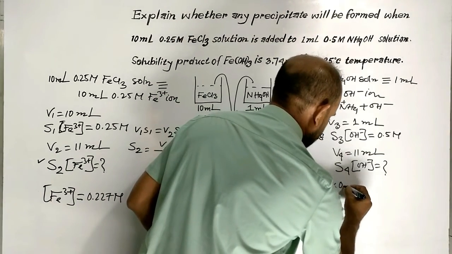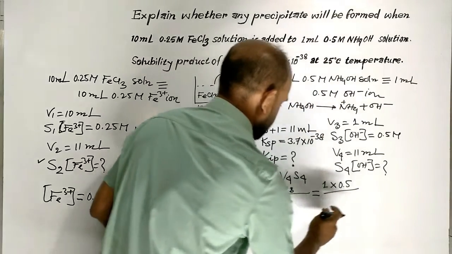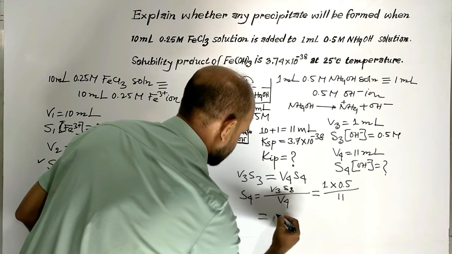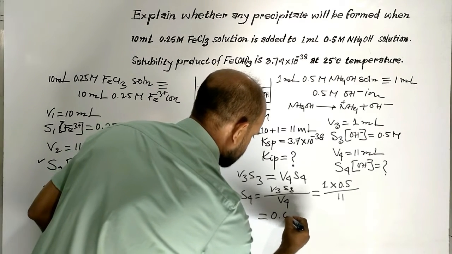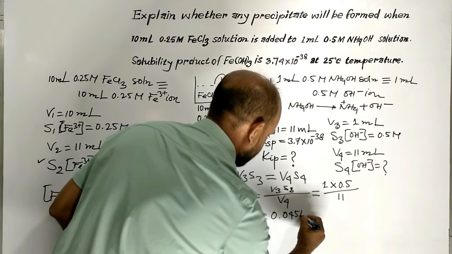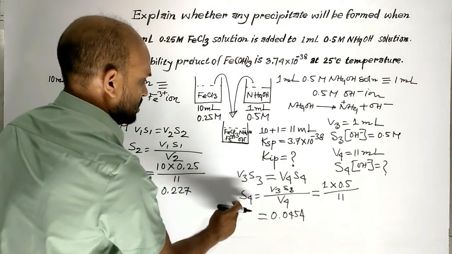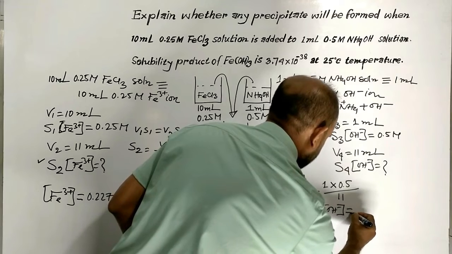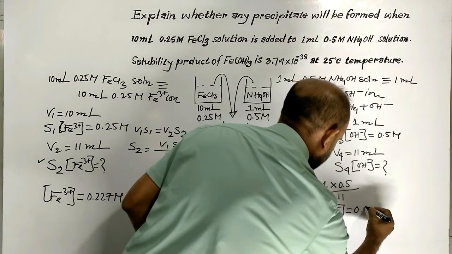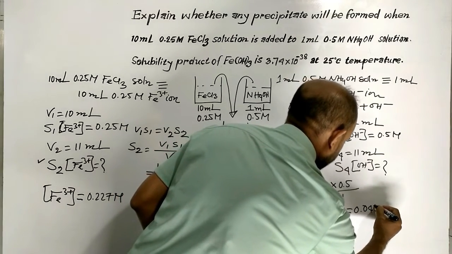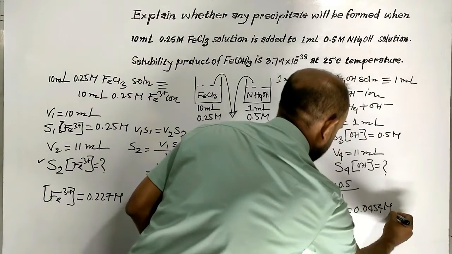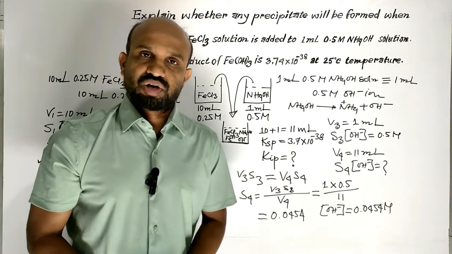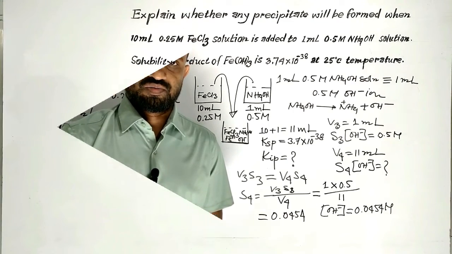S3 is 0.5 and total volume is 11. This is equal to 0.0454. That is, the concentration of hydroxide ion in the mixture we got is 0.0454 molar.